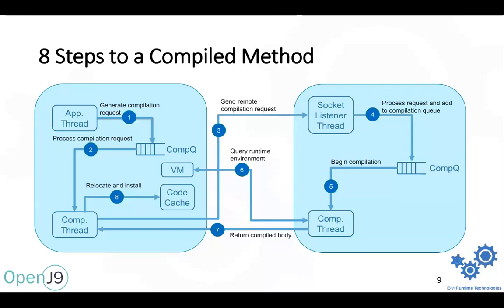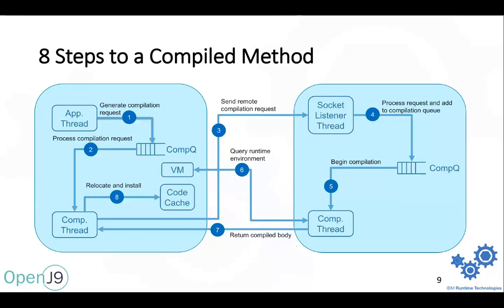So this is where we actually diverge a little bit from the conventional JIT. In the conventional JIT, the compilation thread will pop that request off the queue and carry out the entire compilation process from beginning. So parse the Java bytecode, it will generate an internal representation, it will generate machine code, and basically install that.